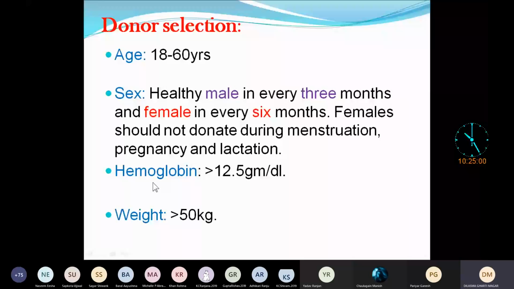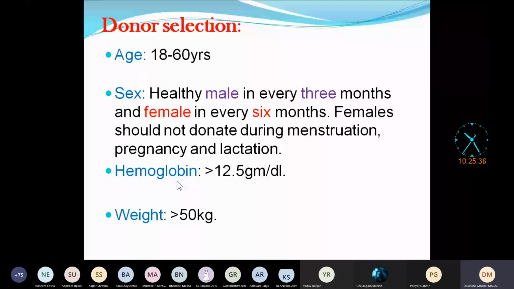If a person is looking anemic and he or she comes for blood donation, we will ask for the hemoglobin estimation. And if it is less than 12.5 gram, we will not take blood from that donor.